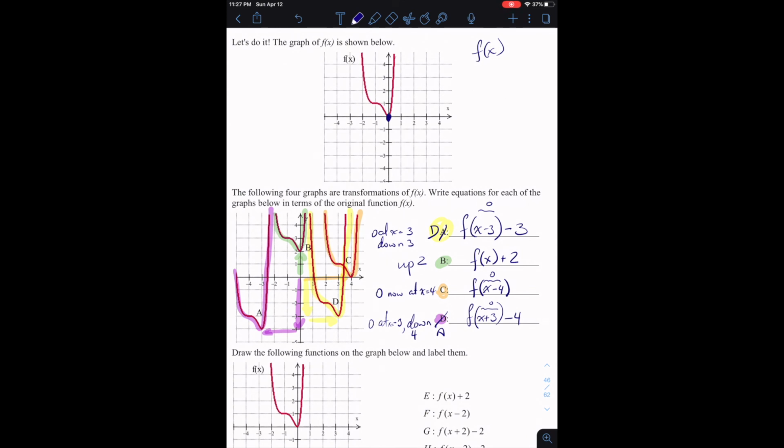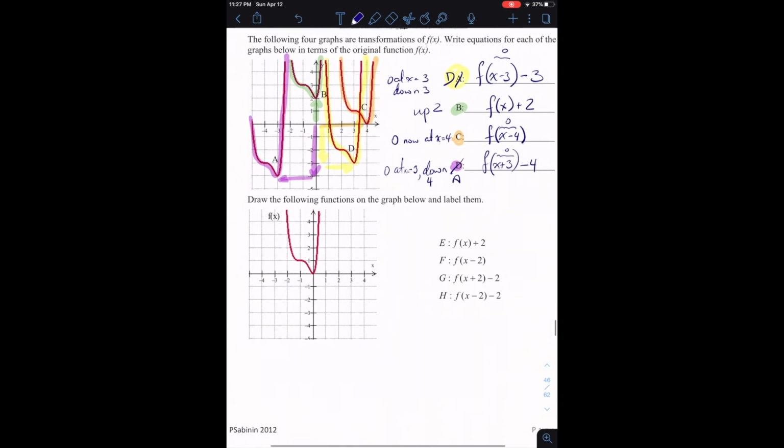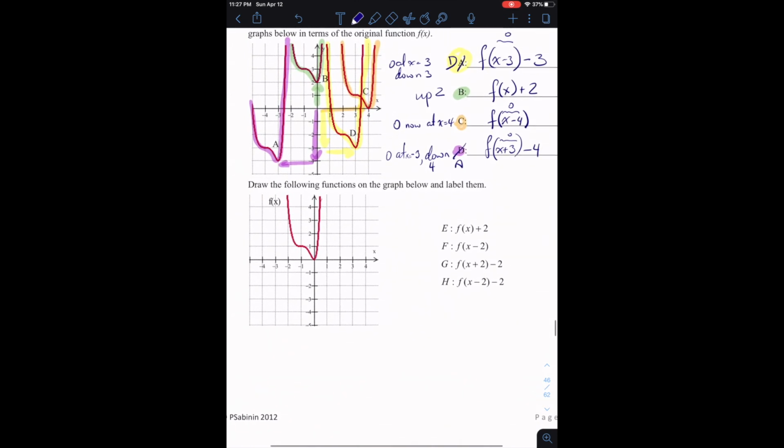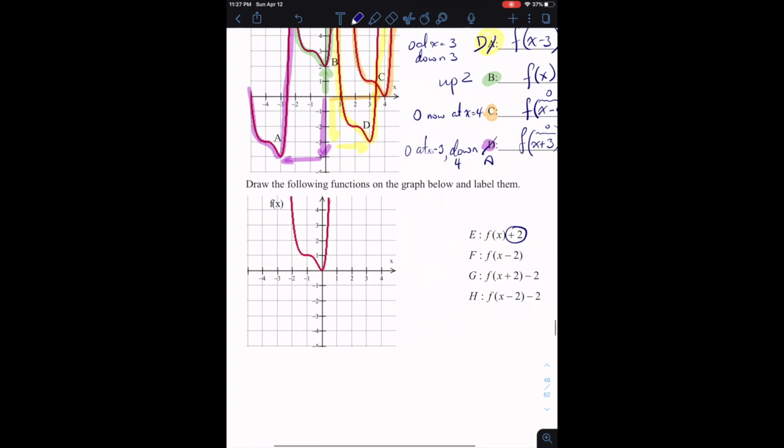Okay. And finally, let's see if we can have the same process, but going backwards. So let's see. If f of x is still our original function, and for function e, we're going to add 2 to the whole function. So we're going to take whatever the value of this red function was, and we're going to add 2.